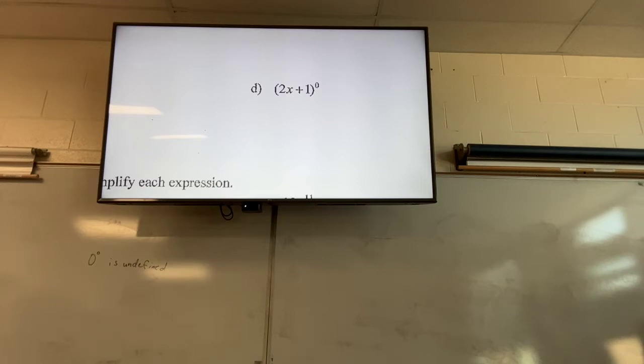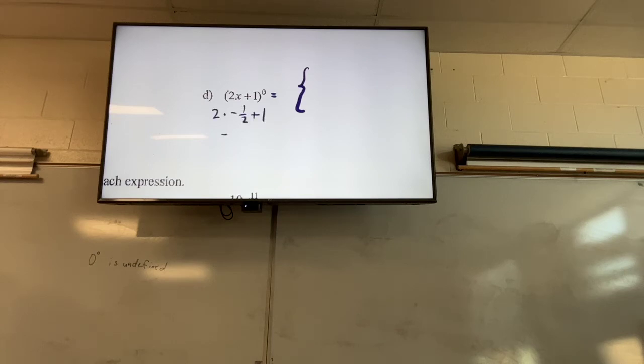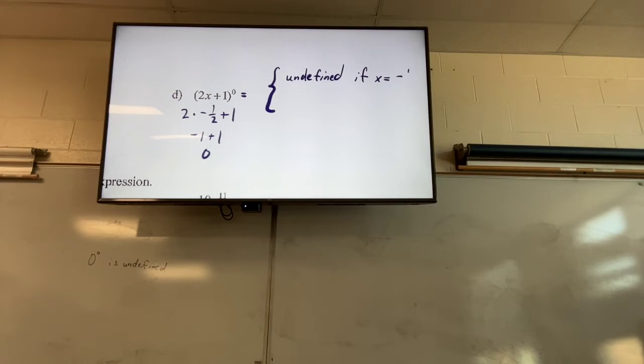That's also going to be 1, but let's think about this. If I have x equals negative a half, the inside is 2 times negative a half plus 1, which is negative 1 plus 1, which is 0. So it's undefined if x equals negative 1 half. Otherwise, it's equal to 1.